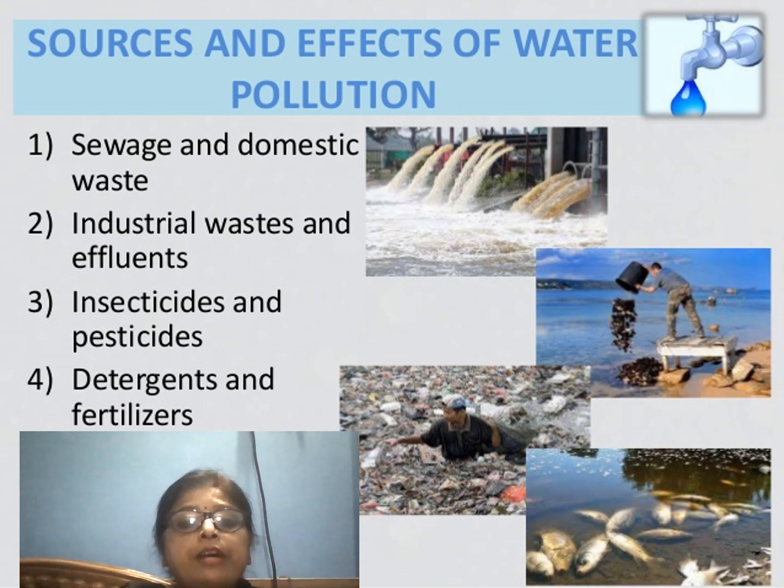That is sewage and domestic waste. These are all the sources of water pollution: industrial wastage, insecticides, pesticides, detergents which we are using at home, fertilization, thermal pollution, radioactive material, siltation. These all are the sources of water pollution.